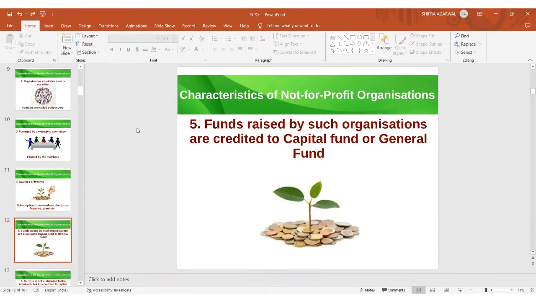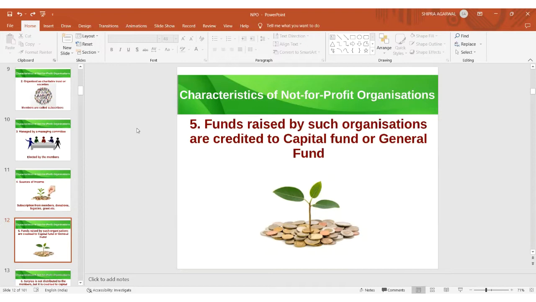Now, whenever these organizations raise funds, all these funds are added, or you can say credited, to the capital fund or the general fund. That is the basic fund, it's just like the capital with which you start your organization, or the main capital invested in the business.